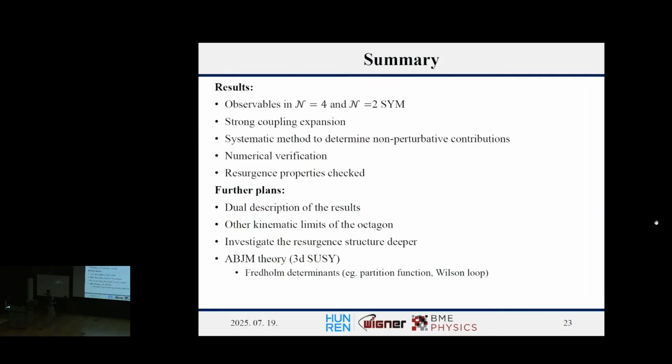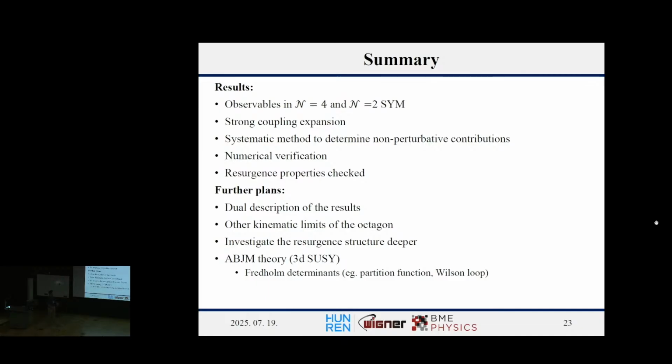So we investigated some observables in N=2 and N=4. We investigated their strong coupling. We gave a systematic method to get the coefficients to arbitrary order, also in 1 over g, also the exponentially small ones. We did some numerical verifications and checked the resurgence properties. What we don't know is the dual description in each of these cases. How can you get these coefficients, for example, from string theory calculations?